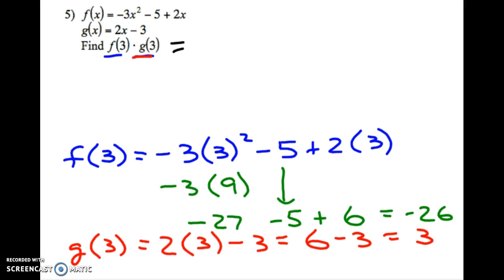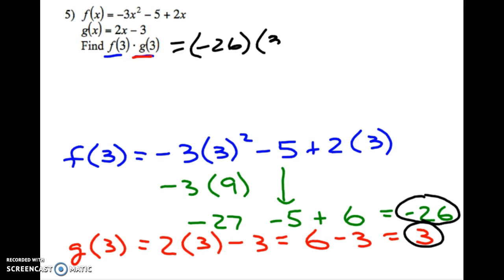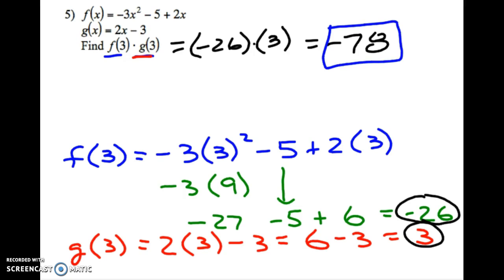So f of 3 is going to be the negative 26. The g of 3 was equal to 3. So those will be our two numbers, and note we are multiplying them together. So negative 26 times 3 should give us negative 78. And that would be our answer.